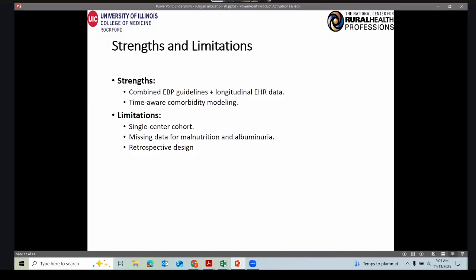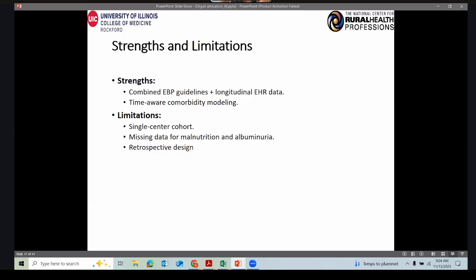data-driven and clinically meaningful. The second major strength is that our model was time-aware. Instead of treating comorbidities as static factors, we looked at how they evolved over time, when they appeared, how long they persisted, and how the timing influenced post-transplant outcomes.